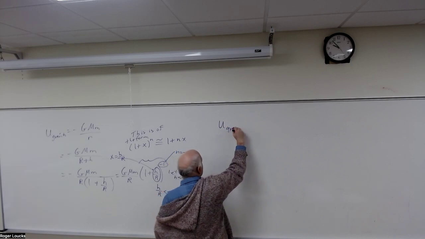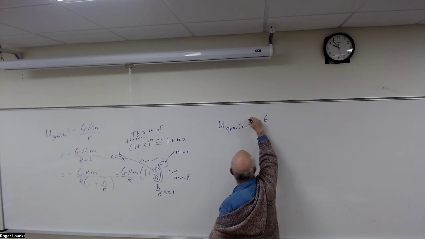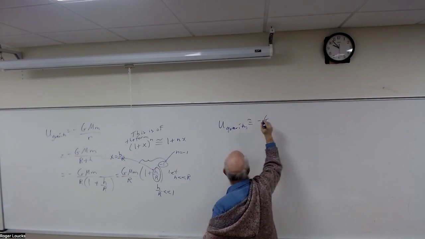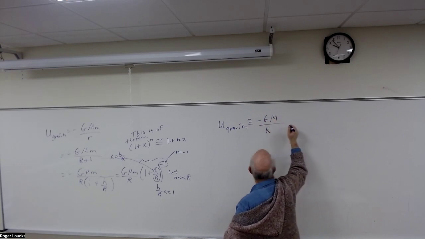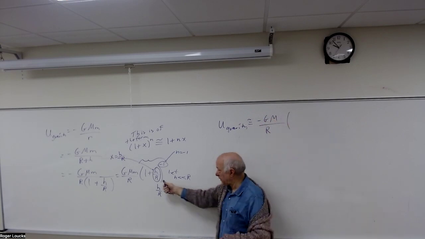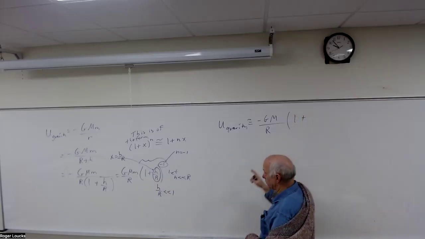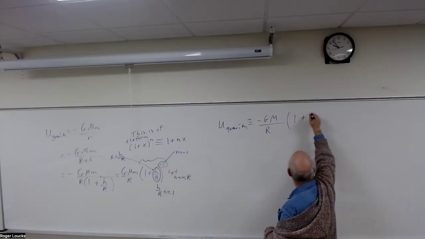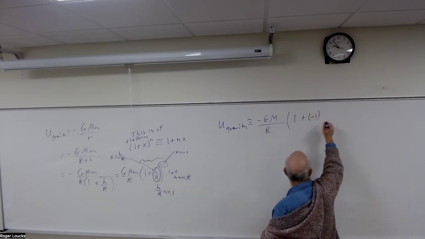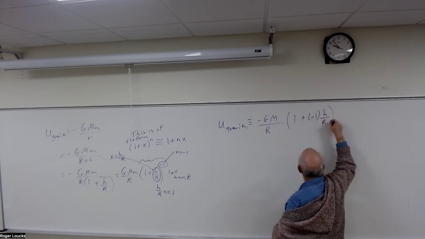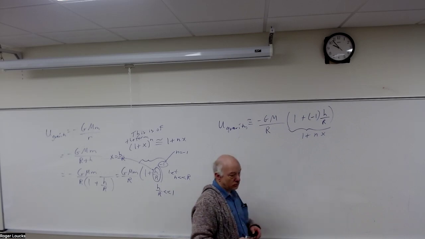Okay, so we get U gravity. It's then going to be this, minus G, approximately, big G, big M, over R. And then I'm going to expand this. So this is going to be 1 plus my value N, and here's my X, I mean, this H over R. So this is 1 plus NX.